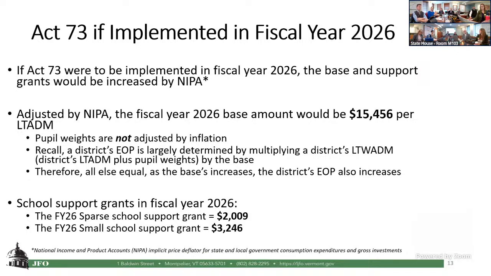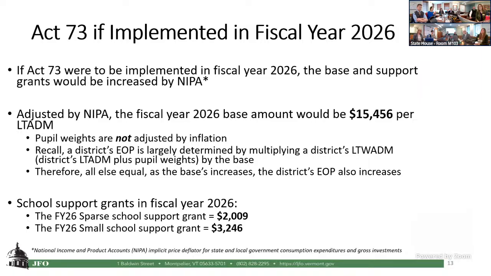In Act 73, that is done by using the NIPA price deflator. So after adjusting for NIPA, the fiscal year 2026 base amount would be about $15,456 per a district's long-term average daily membership.